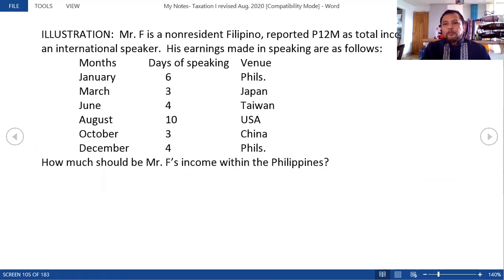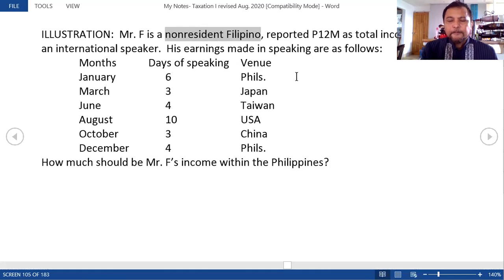To illustrate, Mr. F is a non-resident Filipino, meaning he's a Filipino citizen but he does not reside here anymore. He always goes outside the country for more than 183 days a year. Mr. F reported 12 million as total income in 2019 for being an international speaker.